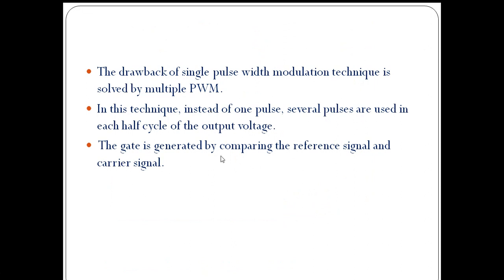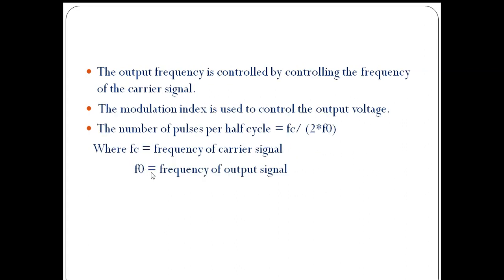The gate signal is generated by comparing the reference signal and the carrier signal. The output frequency is controlled by controlling the frequency of the carrier signal. If we change the frequency of the carrier signal, accordingly the output voltage and its frequency will change.